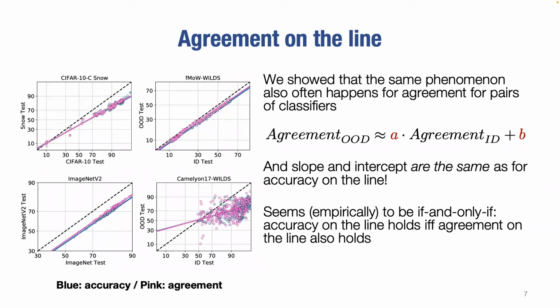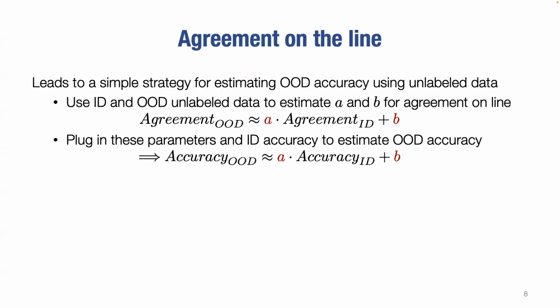And if they lie in a line, I can estimate the slope and bias of that line and use this as a really simple strategy to evaluate the out-of-distribution performance of my classifier. So that's not merely obvious. It's very straightforward, but it still bears keeping in mind what we know here and what we don't know.